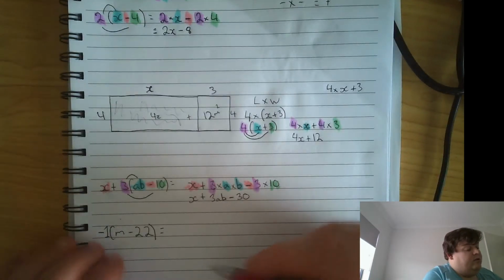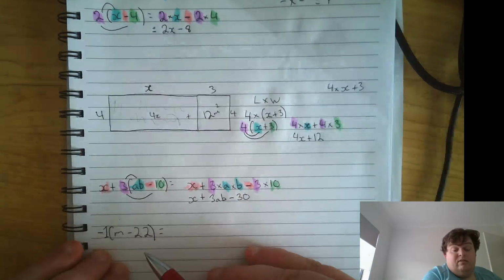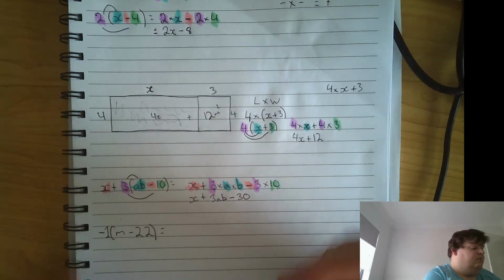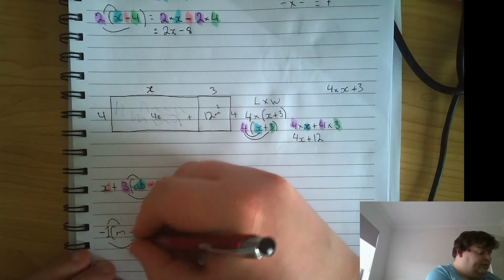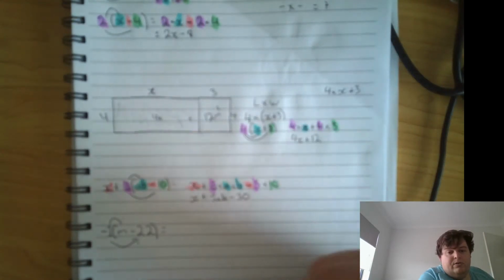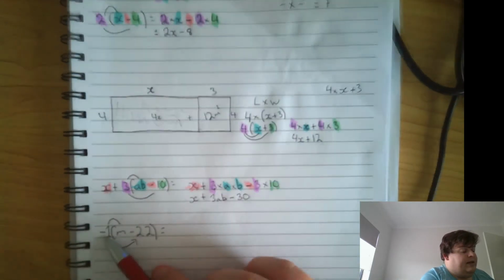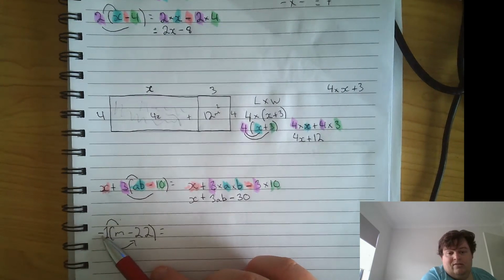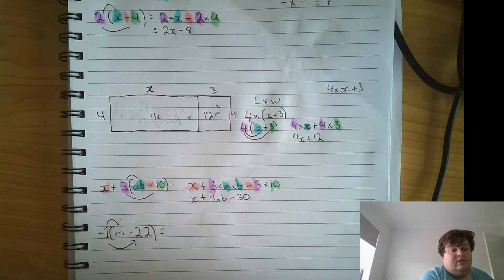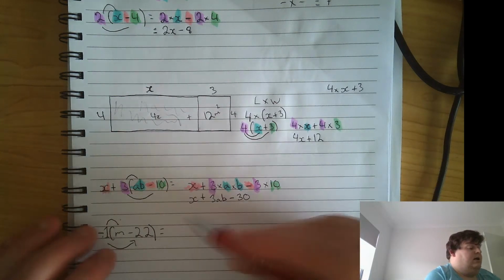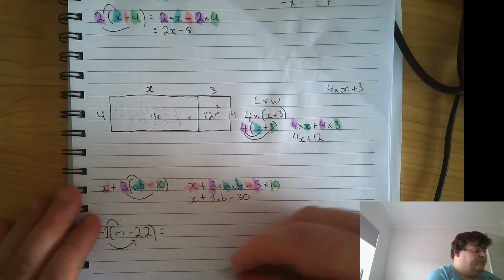Okay, so now let's do this working out here, and we'll distribute this negative 1 and see what the results are. Now it's important to know when the negative value is on the outside, it is extremely important that you bring that value with it, because otherwise you're going to make a mistake.